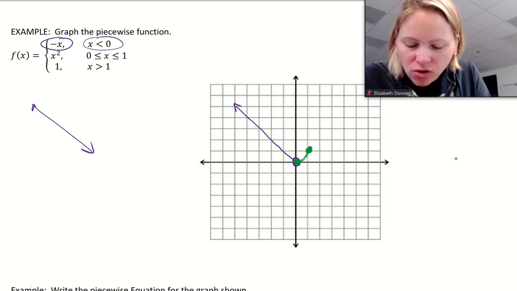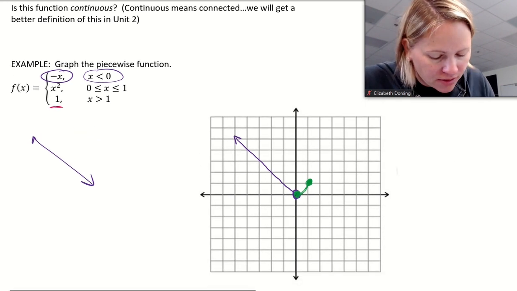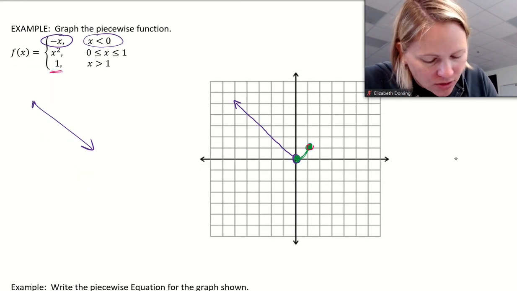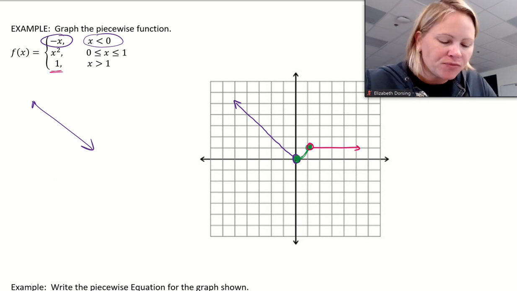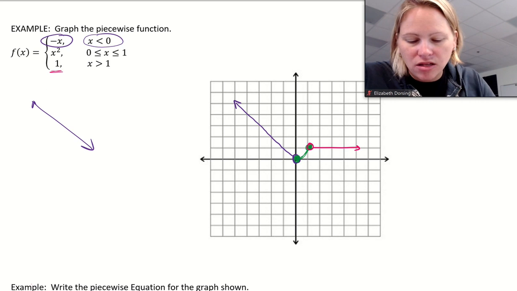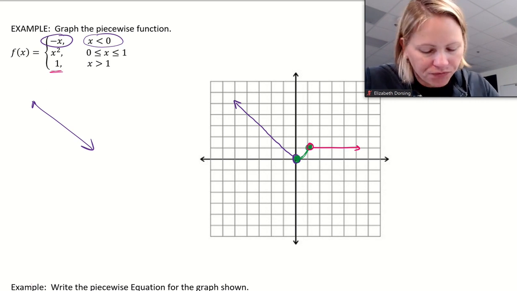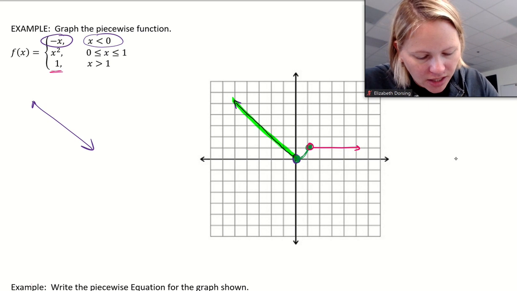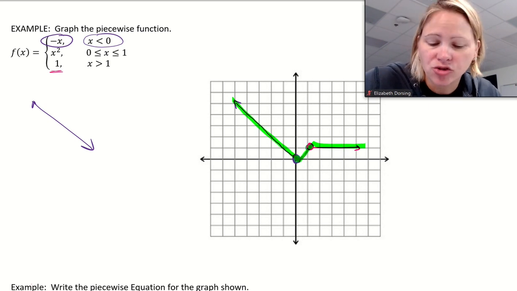But finally, you've got this horizontal line, y equals 1, and it's for everything greater than 1. Technically, this piece has an open dot there, but because of the closed dot there, it really doesn't matter. You'll notice now, we have a connected graph. There are no holes in it, there are no jumps. As I graph this and trace it with my highlighter, I don't have to pick up my pen to trace any of it.